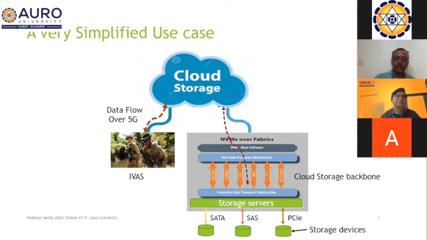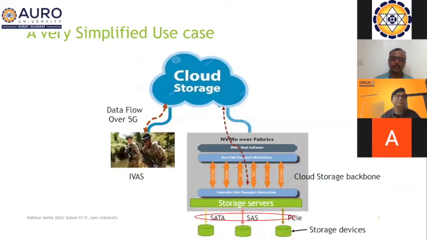So this is the use case. I will give you a point to think about: there are two points at the end of a spectrum. One is the storage drives, and the other is the two soldiers, and then there come the storage protocols.